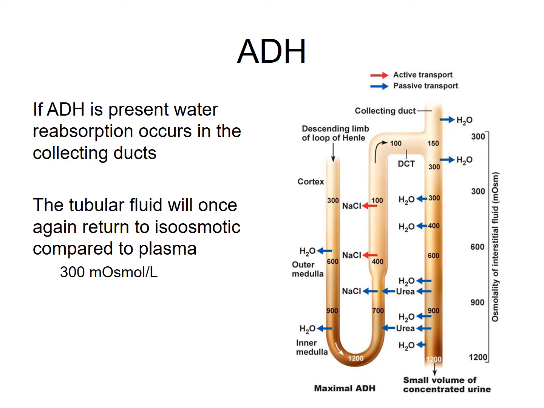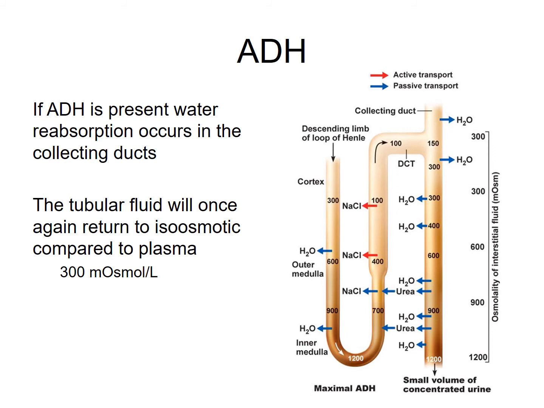if you have antidiuretic hormone present, then water reabsorption is going to occur in the collecting ducts. And so what I want you to notice is that H2O is going to leave. It's going to continue to leave as you move deeper into the medulla because of the gradient that the loop of Henle actually set up.